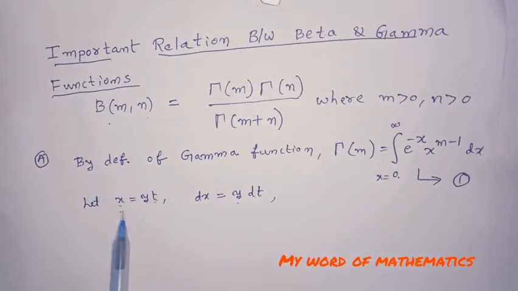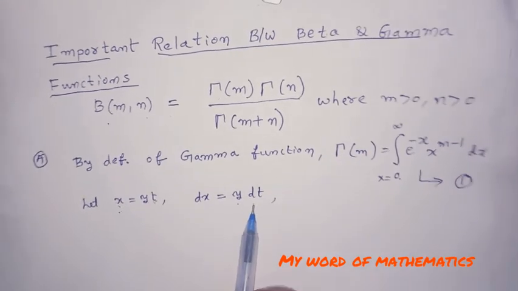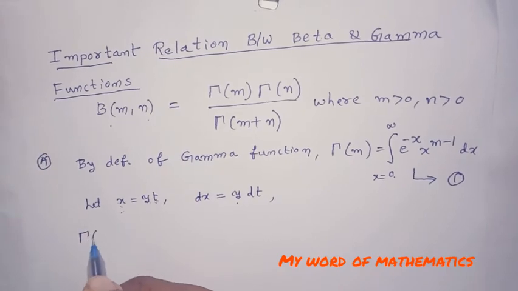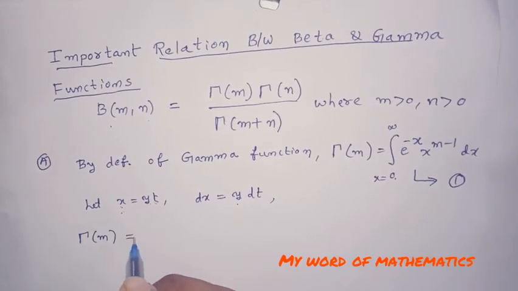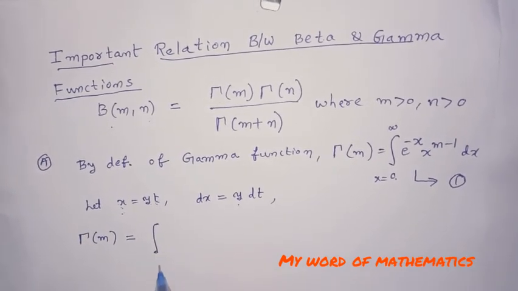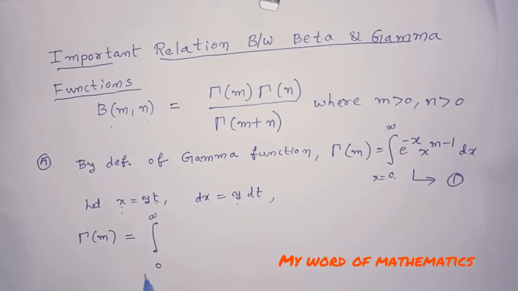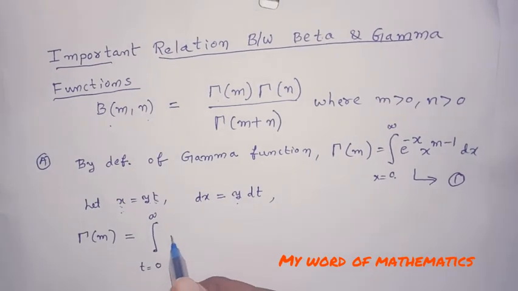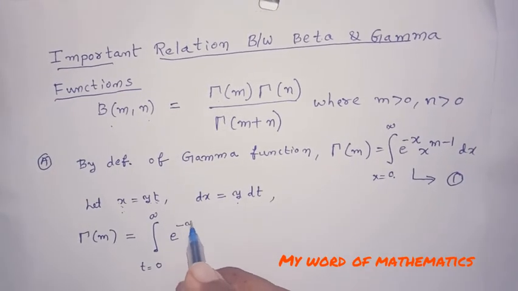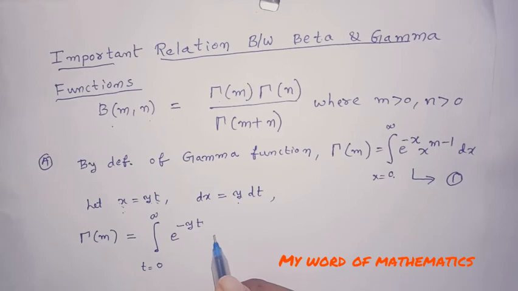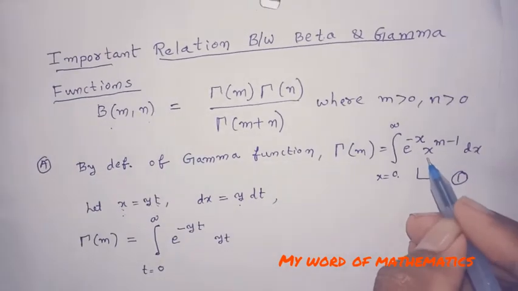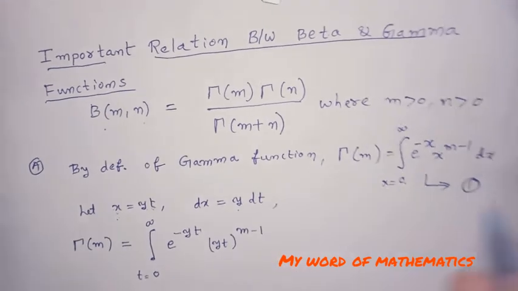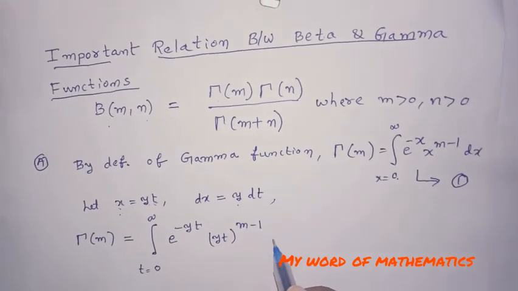Now replace x with yt and dx with y dt in this integration. That is, gamma of m is equal to the integral with the limit 0 to infinity, t from 0 to infinity, of e power of minus yt, yt power of m minus 1, dx means y dt.